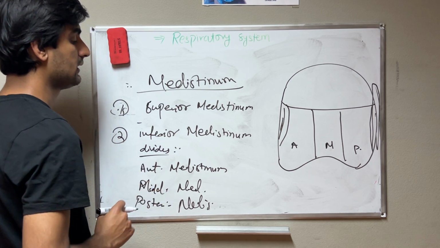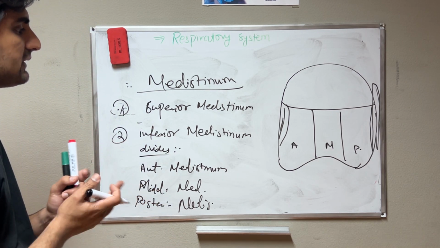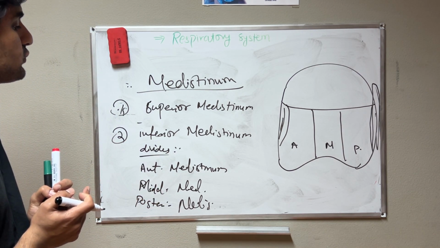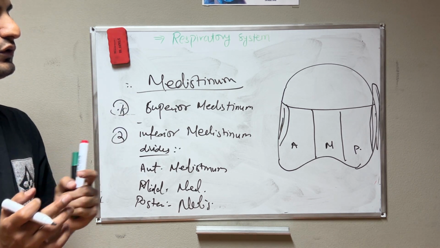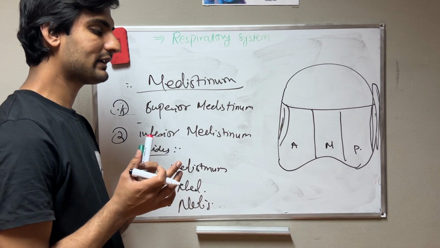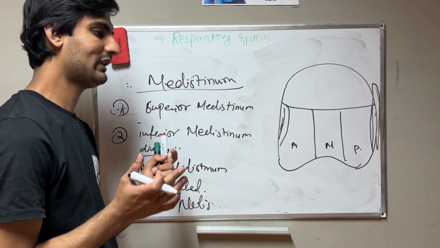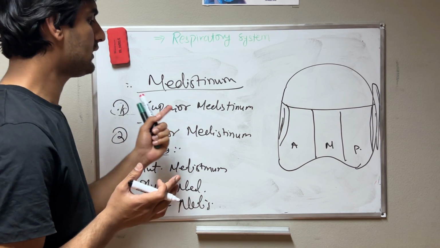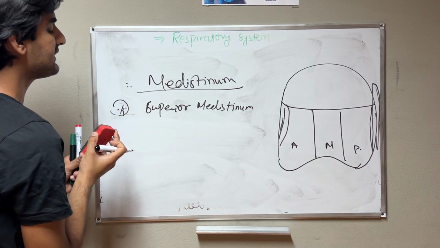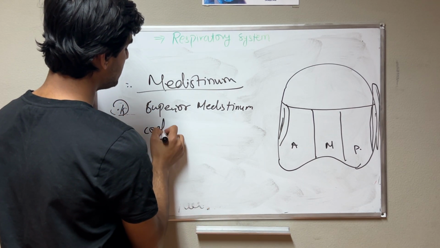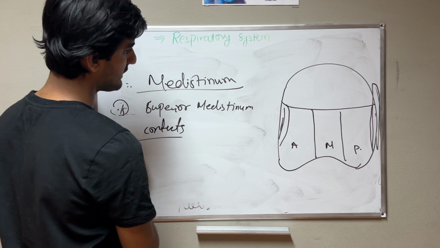Now why is this important to know? The superior mediastinum also has organs and large vessels. For the superior mediastinum, we need to know which contents are located here.